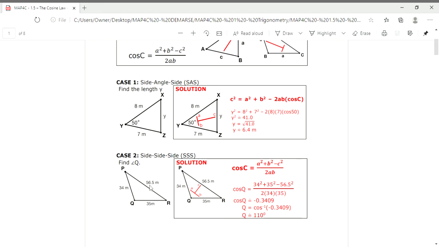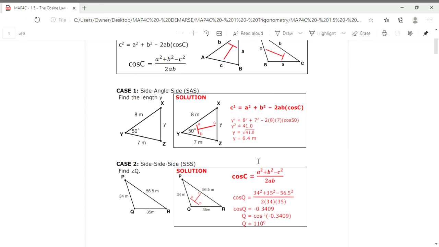So inputting C, A, and B into our equation for the cosine of Q, we generate the equation 34 meters squared plus 35 squared subtract 56.5 squared, we will have to square all of those, divided by 2 times a times b will be 2, multiplied by 34, multiplied by 35. So taking our three side lengths a, b, and c and inputting them.